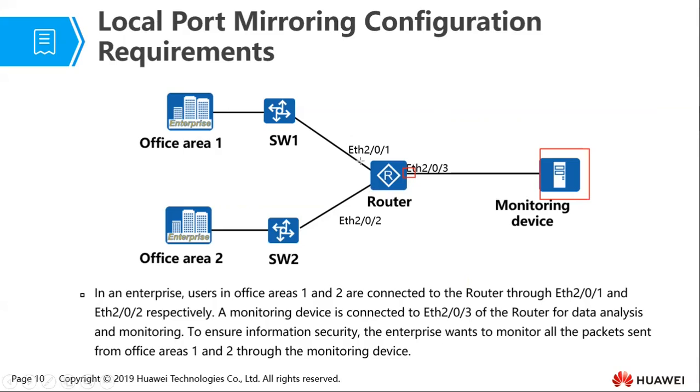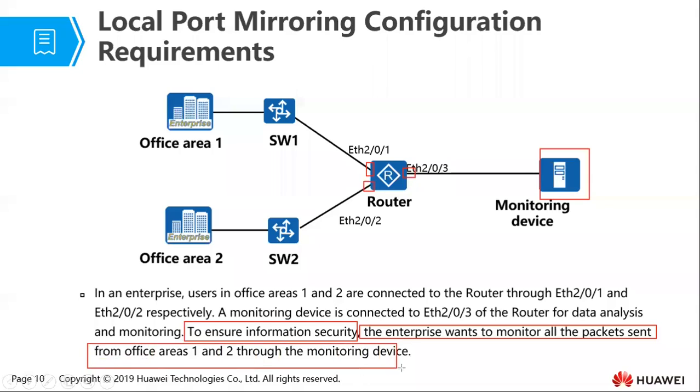Now, we want to mirror packets that are coming in from these two interfaces that are connecting Office Area 1 and Office Area 2, respectively. To ensure security, the enterprise wants to monitor all the packets sent from Office Area 1 and 2 through the monitoring device. So how do we configure this?